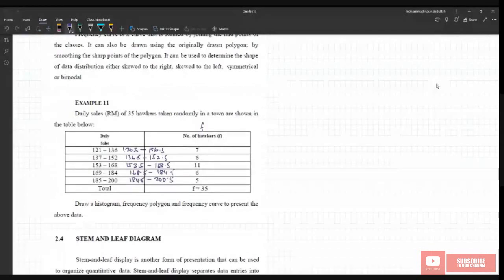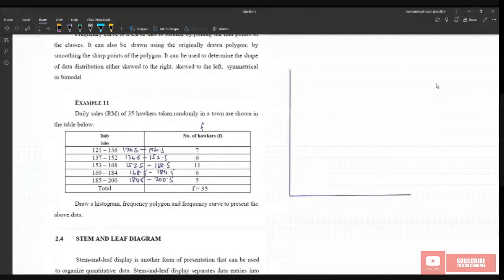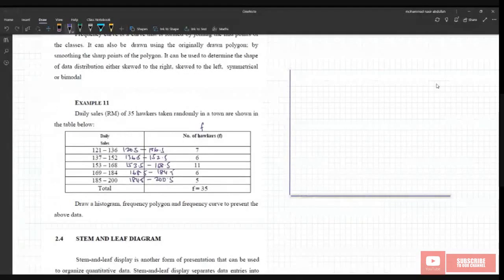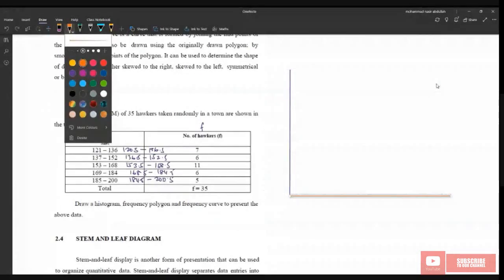So let's begin to create a histogram. First, you need to create a y axis, followed by x axis, right? And just need to remember, y axis represents frequency.